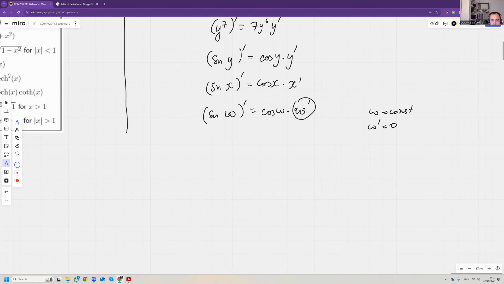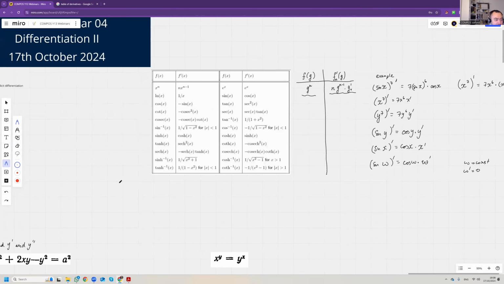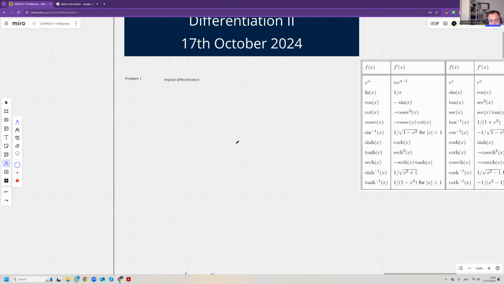It's the sine of a constant. Well, sine of a constant is a constant, and the derivative of a constant is 0. This is just another angle. When you look at just differentiation, you might not have realized this. Oh, I can look at it this way. And this is very helpful when you are doing implicit differentiation.